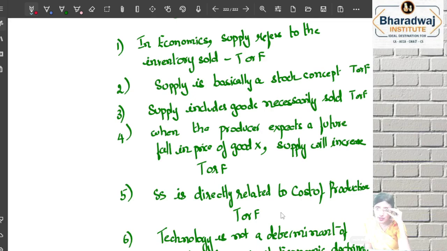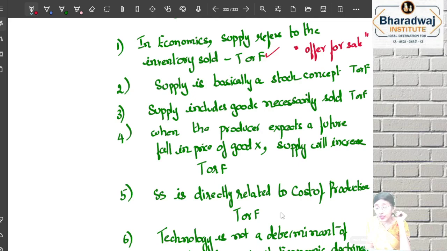The very first question is like a divide. The answer is false. In economics, remember, supply refers to offer for sale. I stop there. I don't talk about the other part.